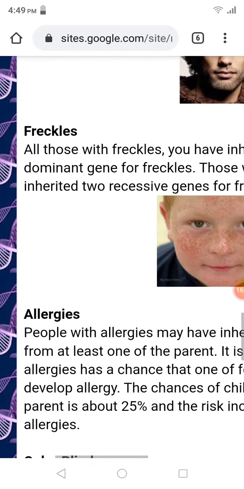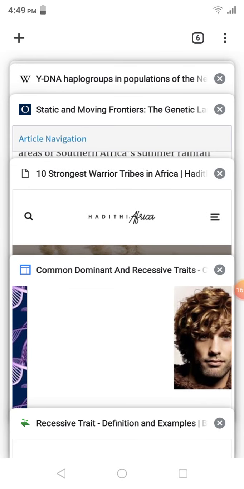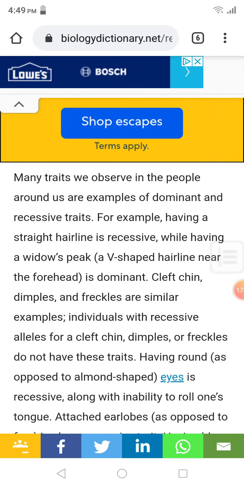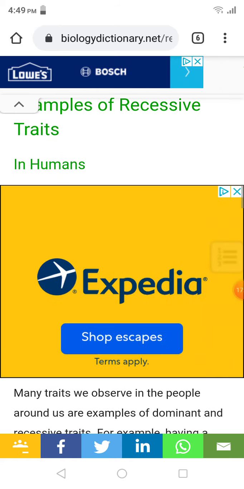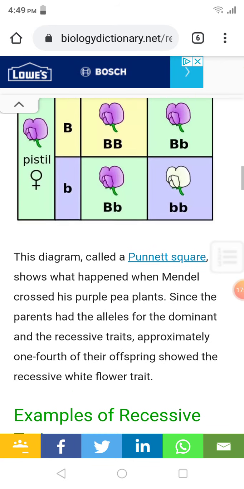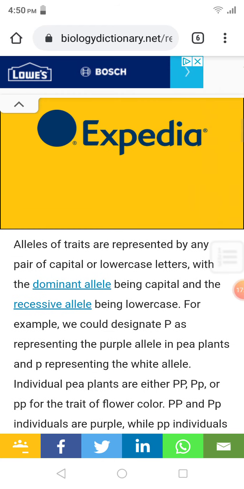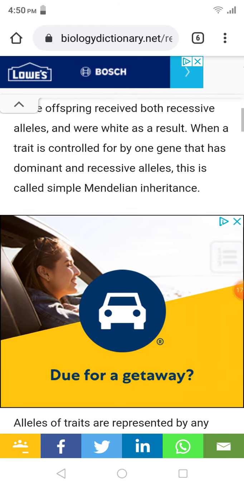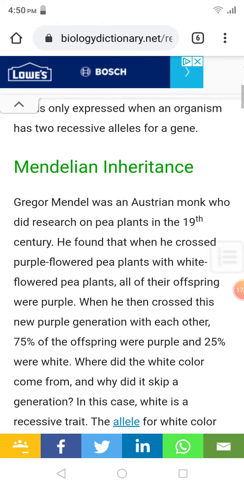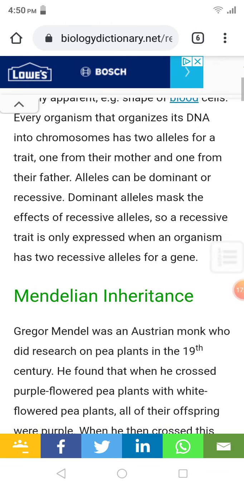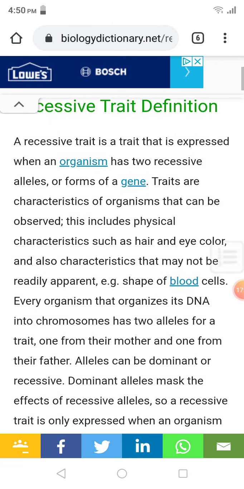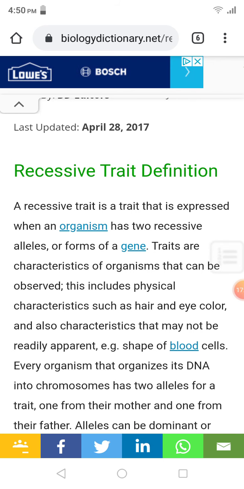So real quick, I'm gonna go into this other page. Okay, is this the one? Yeah. This is another page to just support some of the basic stuff about recessive traits.